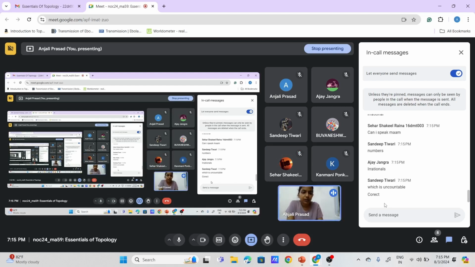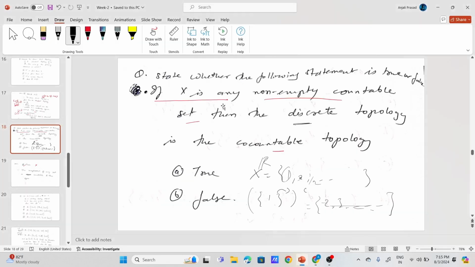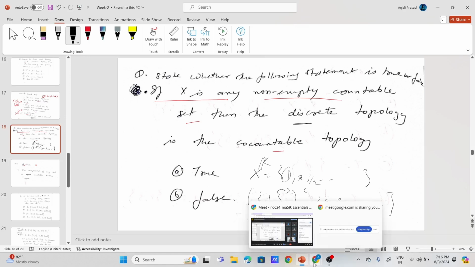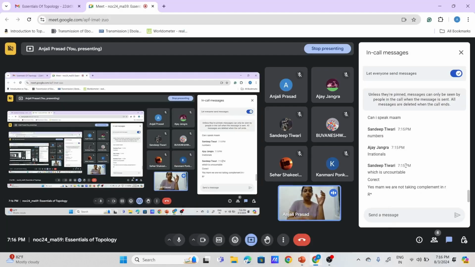See, we are saying that we should have any non-empty set X, and you are saying that we are taking it as Q, right? Then we have to take the complement in R, no? We are taking any discrete topology, so your element will be a subset of Q. Then its complement will be the irrationals.